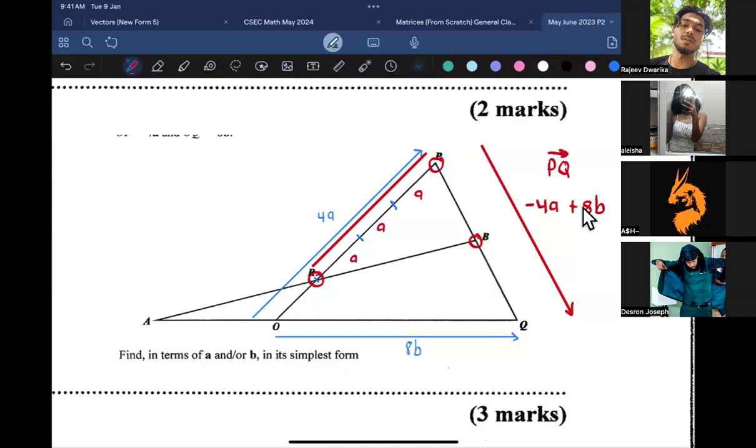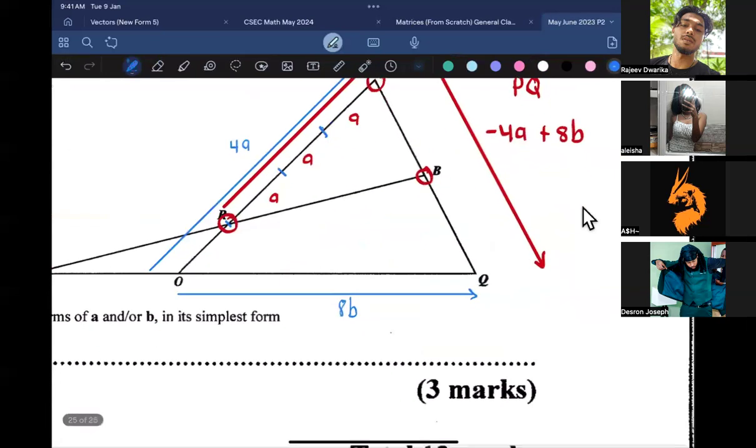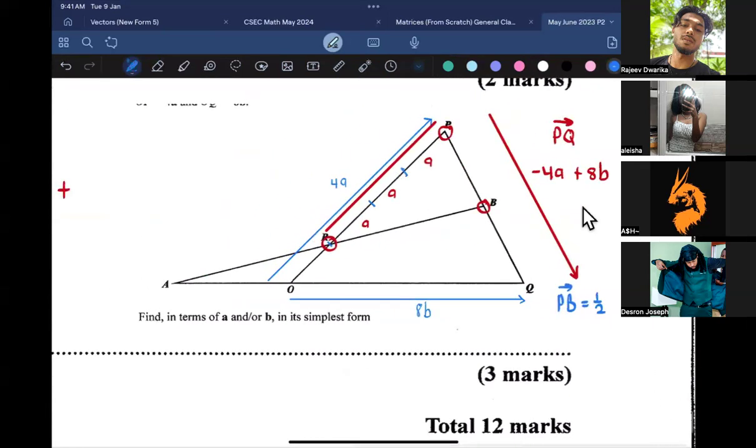Now, B is the midpoint of P to Q. So since that's the case, I could write P to B. P to B then would be a half of P to Q. So Sasha, what would a half of minus 4A plus 8B be?